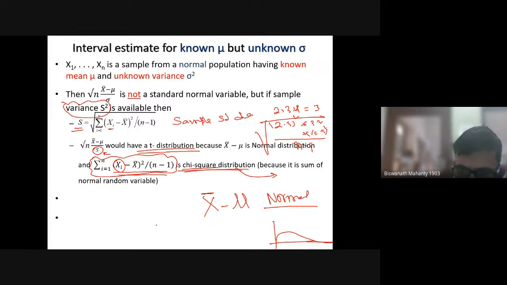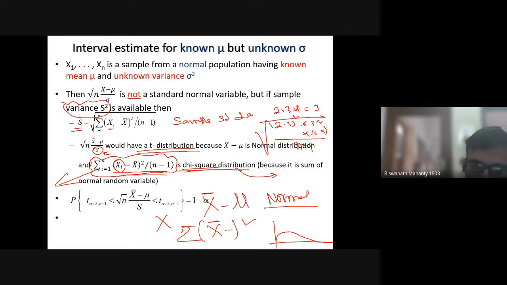Anything, you see, x is normal. Clear? X bar is definitely going to be normal. X bar minus any value is also going to be normal. Its square term is known as chi-square. So basically, when I'm adding those x squared values, that is called chi-square, and this distribution is known as chi-square distribution.